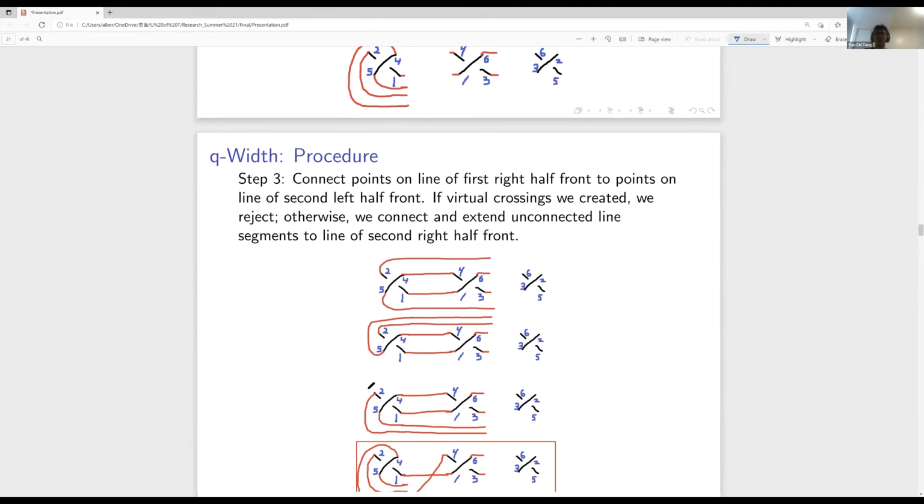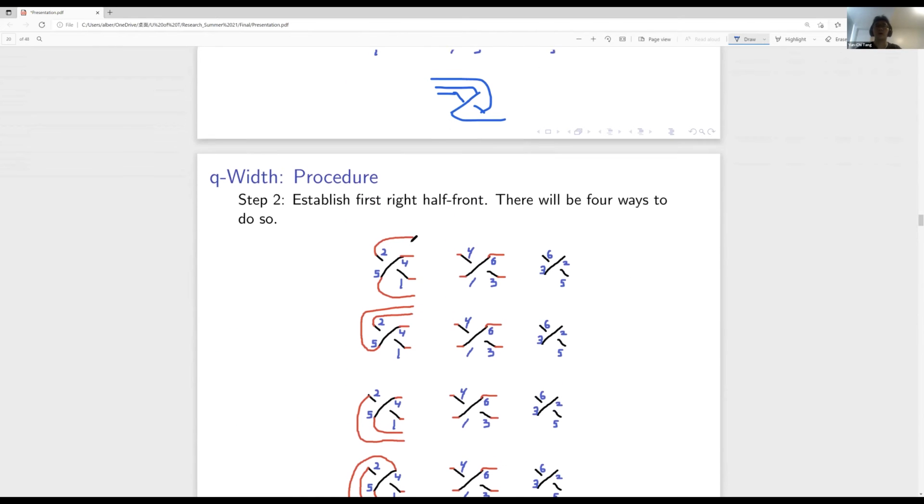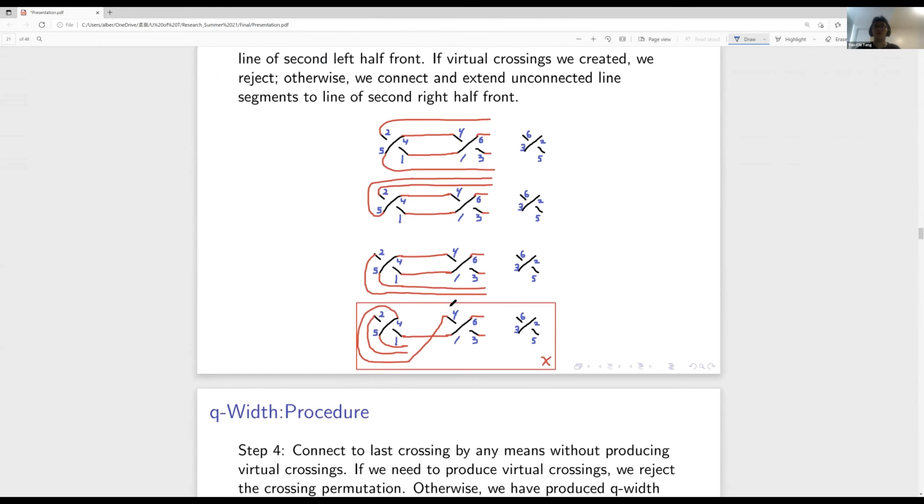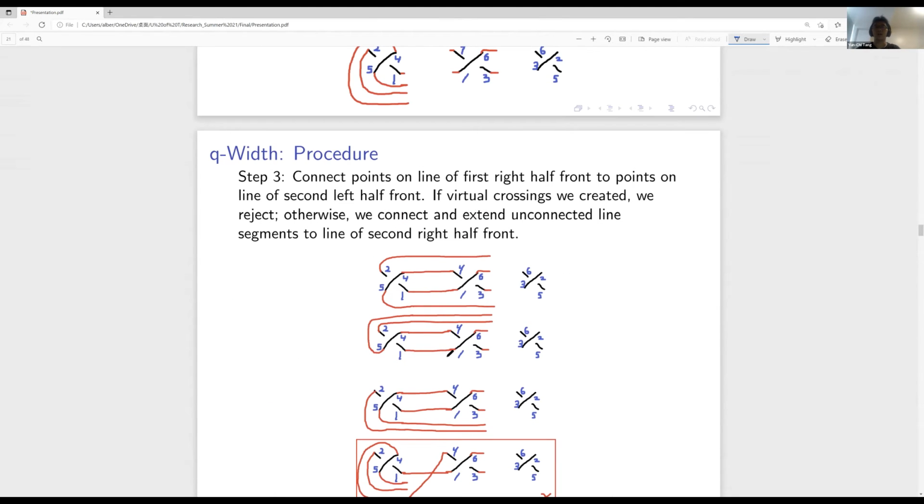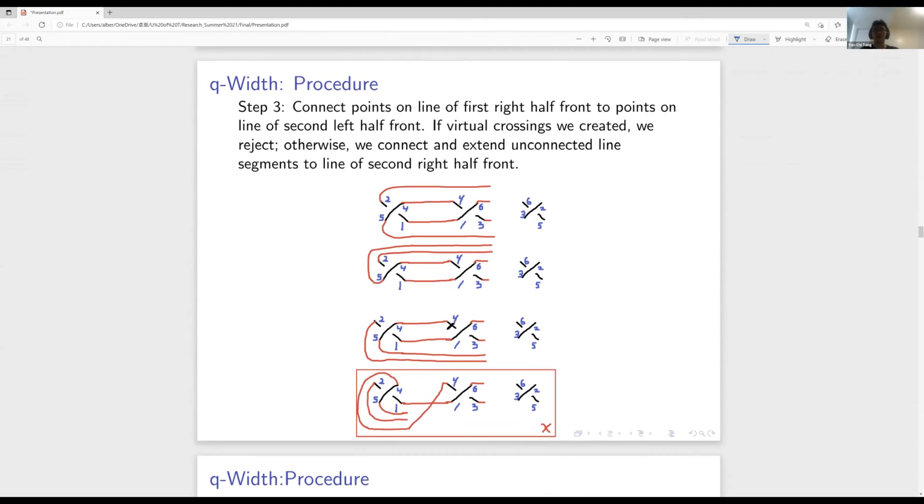At this point, we have this and this second left half front. I'm going to try to connect the dots with the points that are on both the first right half front and the second left half front. It will ultimately look something like this, right? So 4, 1, 4, 1 is going to be connected, 4 and 4, and so on.